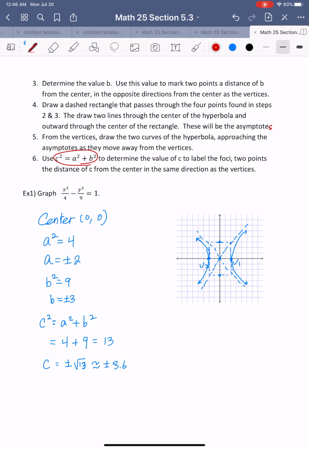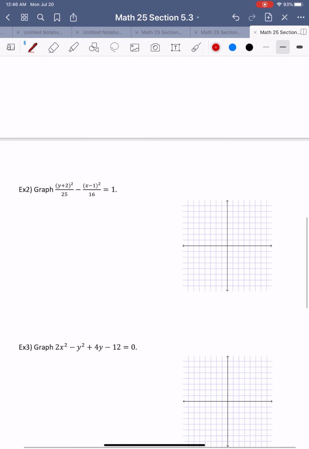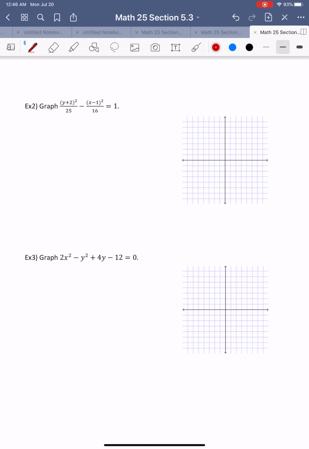So 3.6 from the center, 1, 2, 3, about here. So this is focus 1, and this is focus 2, 3.6 the other way. All right. So c is bigger, a longer distance from the center than the vertices.